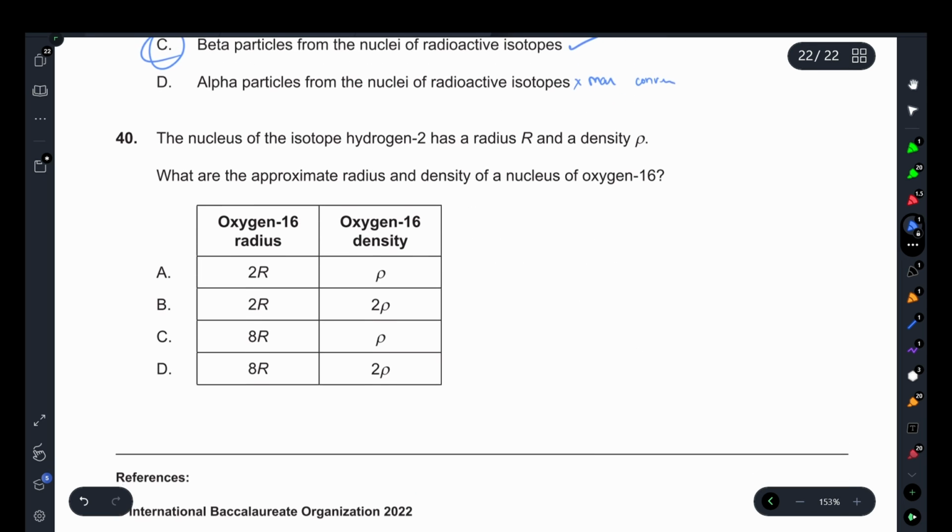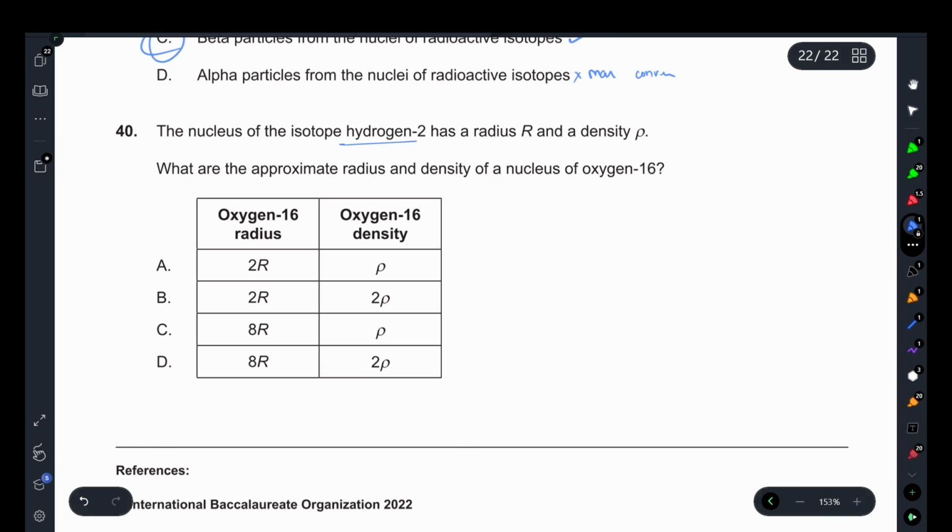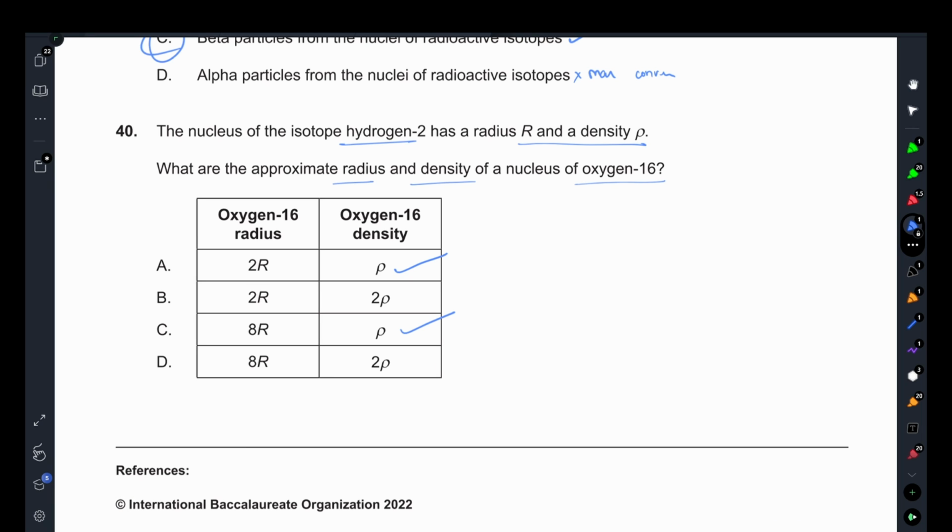Question number 40. The nucleus of the isotope hydrogen-2 has radius r and density rho. What is the approximate radius and density of the nucleus of oxygen-16? A very important thing to note is the density of the nucleus always remains the same, since the constituent particles are always the same. However, we must use the formula that is given in the data booklet.